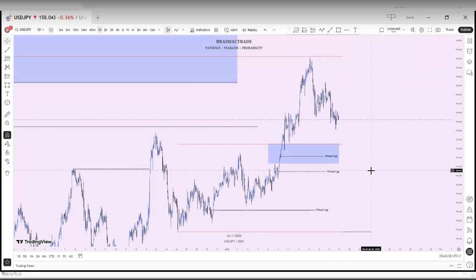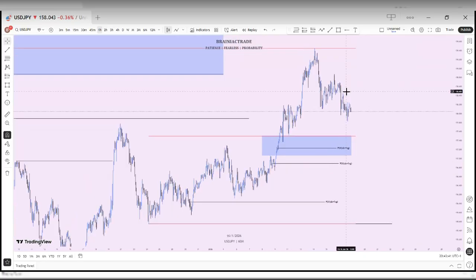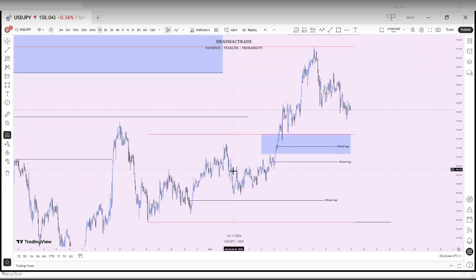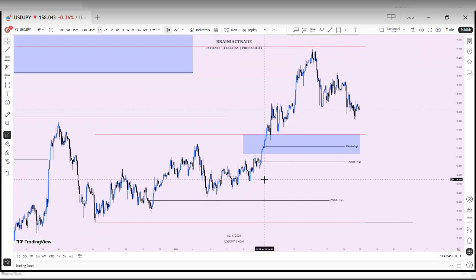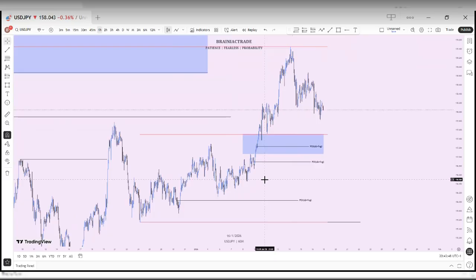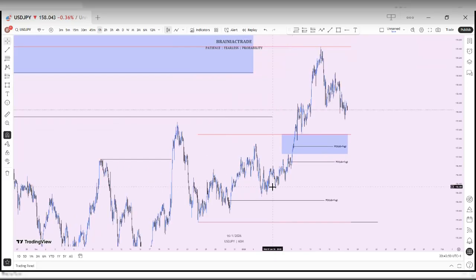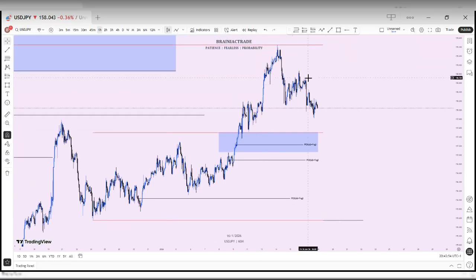You understand? As we have already said, you sell at a premium price, you buy at a discount price. Normal market illustration, you go sell when the market is at a high price. Nobody wants anything for a cheap price.